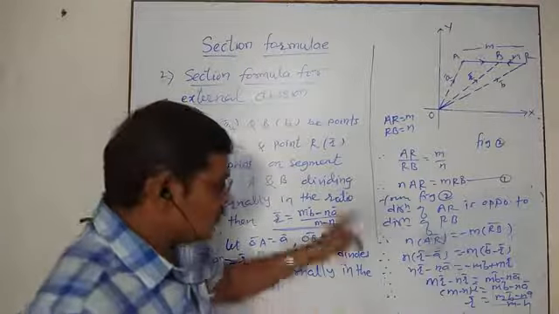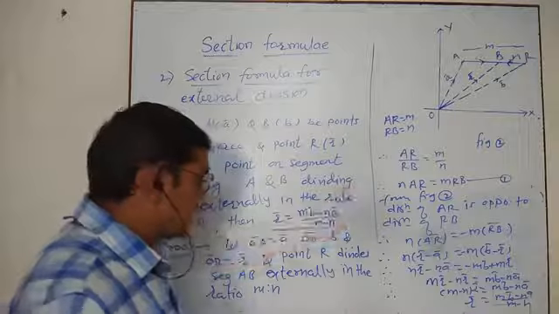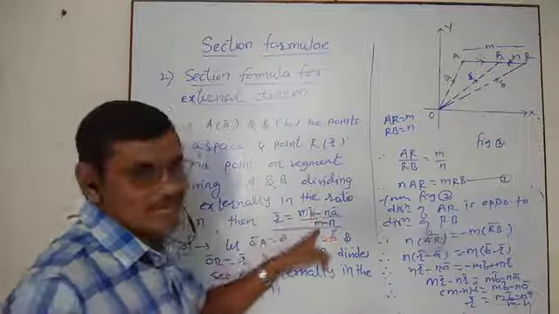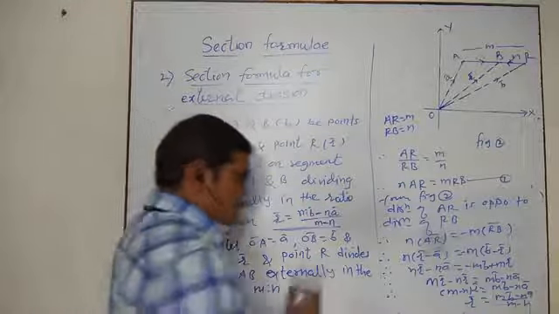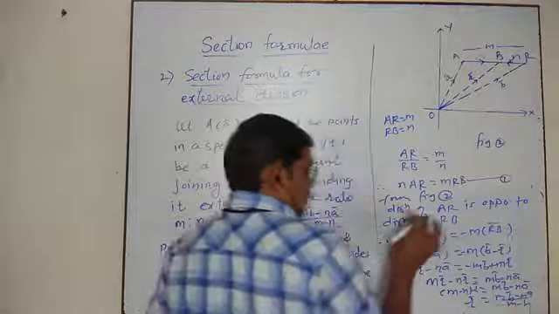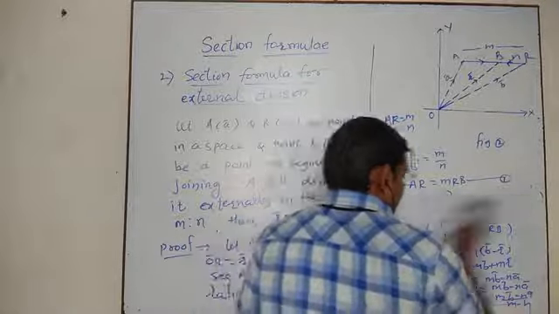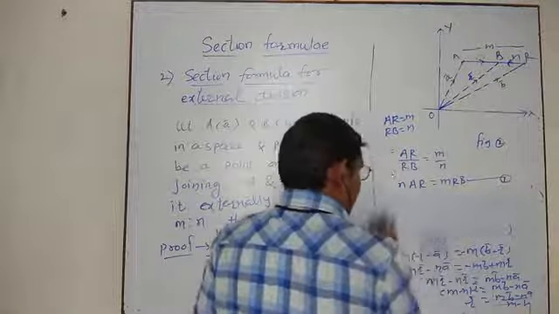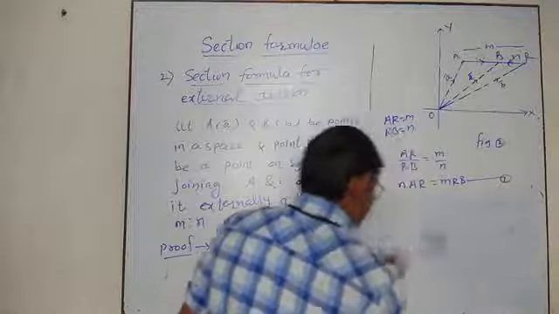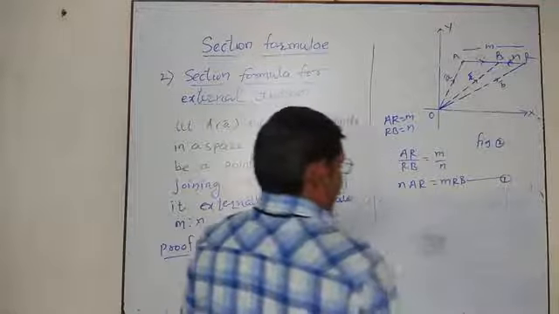So what is the difference between the section formula for internal and external division? The difference of sign only. Now, what are the coordinates of the point of division when R divides externally? Same thing here.